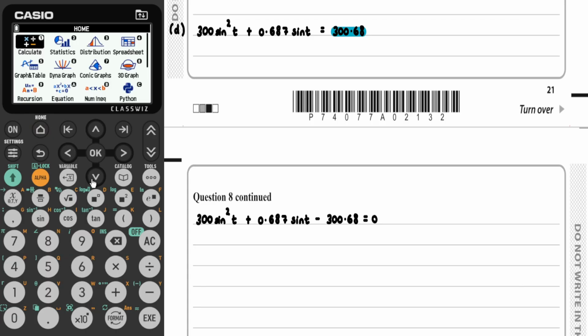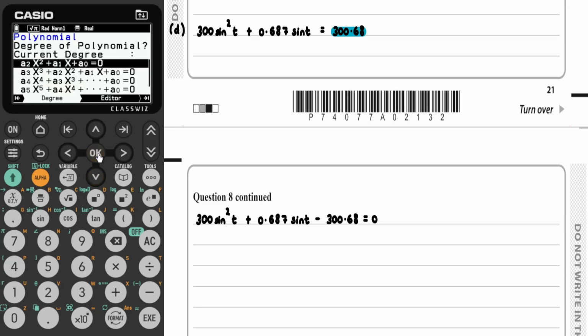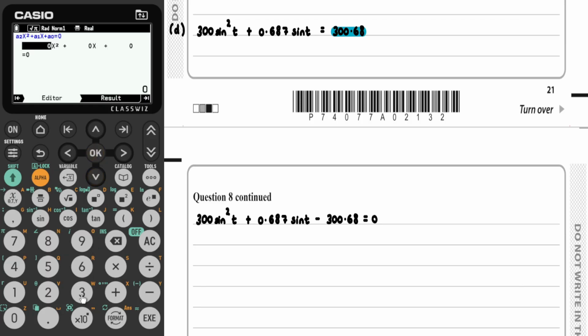As it's a quadratic, let's go to the equation sub-menu. We have a polynomial of degree 2 with coefficients 300, 0.687, negative 300.68.